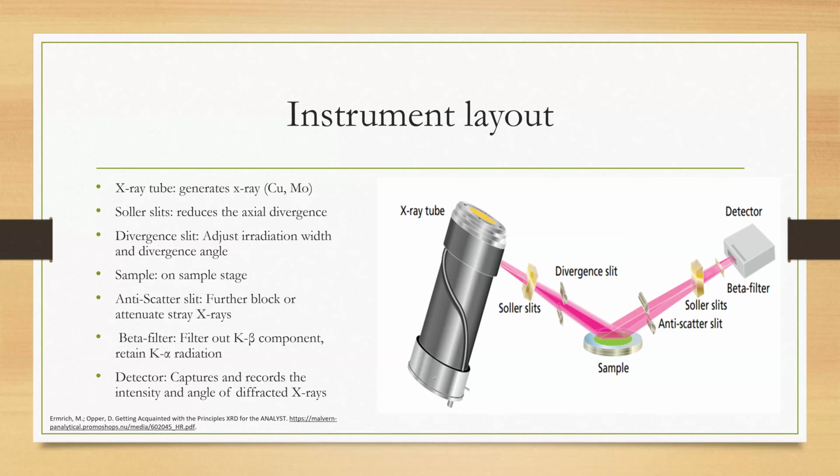And the detector, obviously, is used for collecting and recording the diffracted X-rays and generating the intensity versus angle plot. All these components together produce an accurate diffraction pattern that can be analyzed.